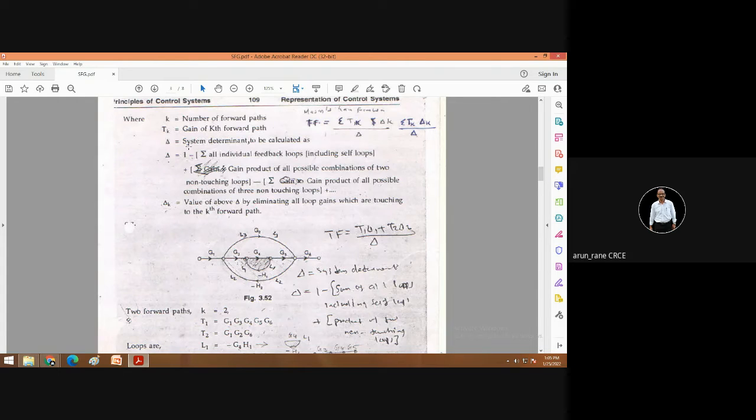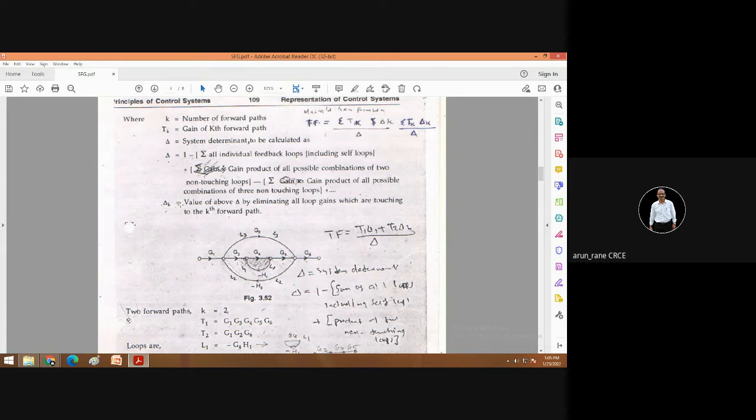Delta is equal to 1 minus, inside the bracket, the summation of all individual feedback loops, including self loops, plus the gain product of all possible combinations of two non-touching loops, minus the summation of the gain product of all possible combinations of three non-touching loops.